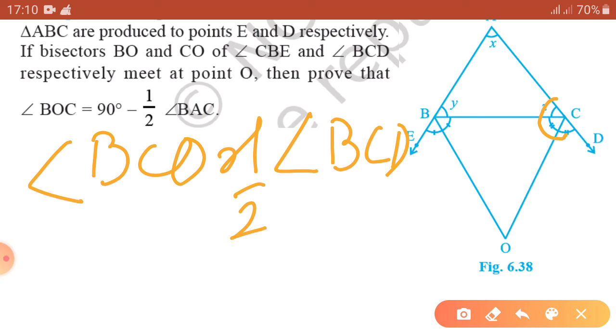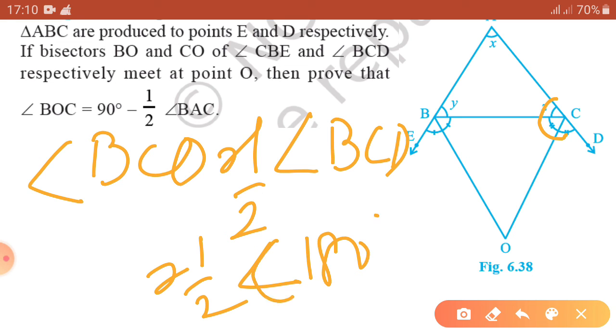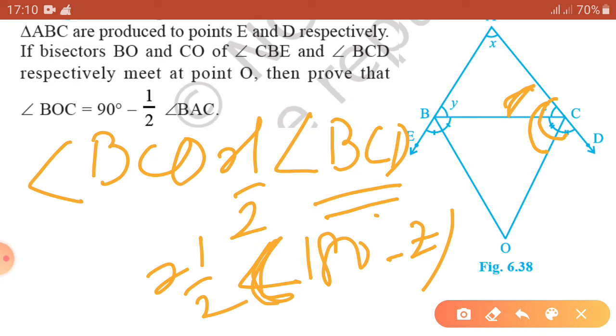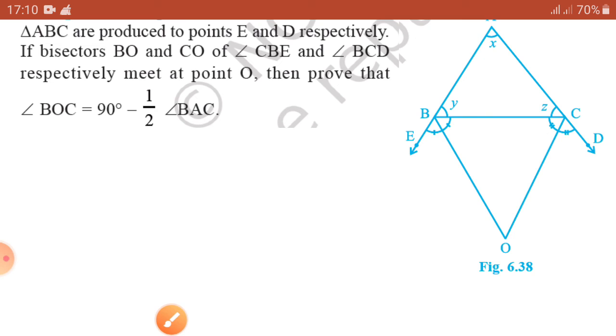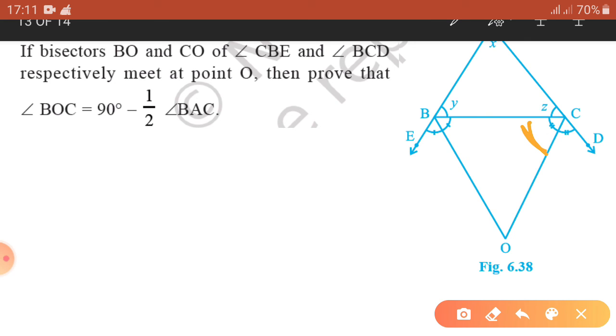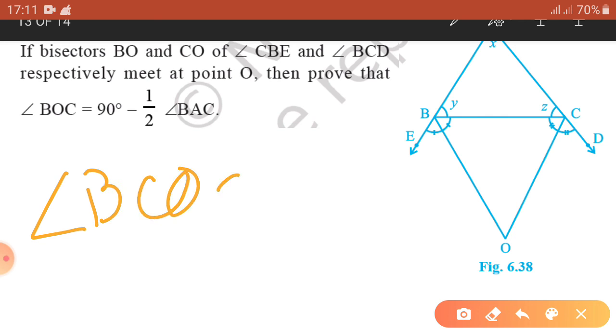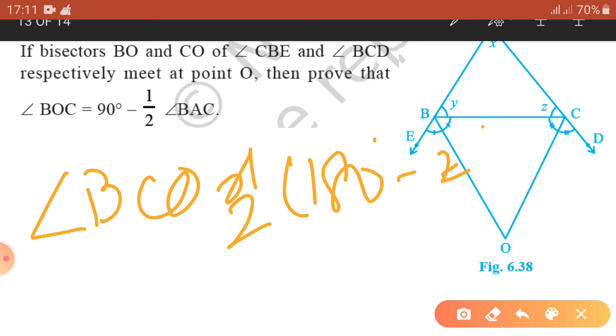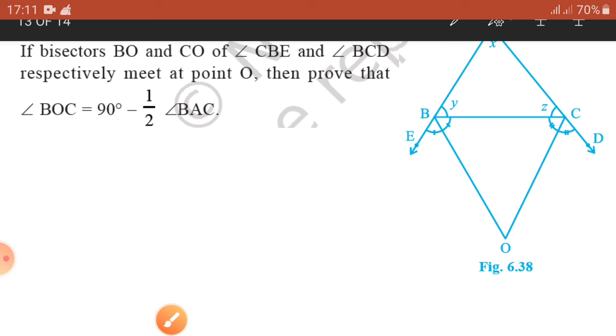This is a total of 180 degrees, and this is angle Z. So angle BCD equals 180 degrees minus Z. So we get angle BCO equals half of 180 degrees minus Z, that is 90 minus Z by 2. Got it?